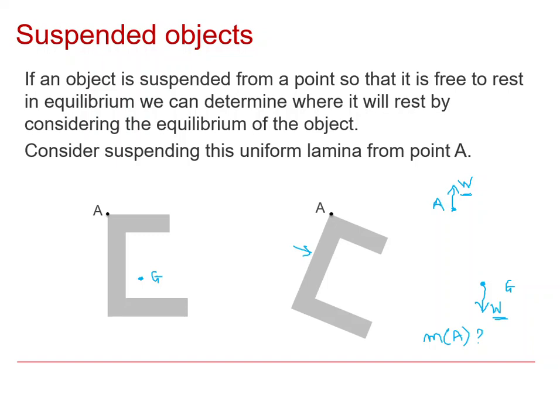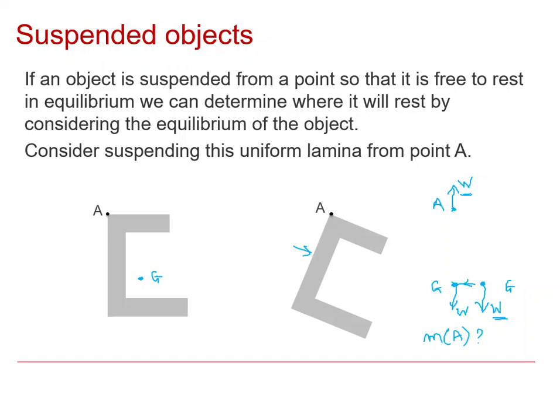The only way we can make it be in equilibrium is to move G across so that it lies vertically below A. In that position, if you take moments about A, both forces have zero moment and you've got what you want for equilibrium. So that argument tells us that the shape in the middle figure will take up a position so that its centre of mass is vertically below A.